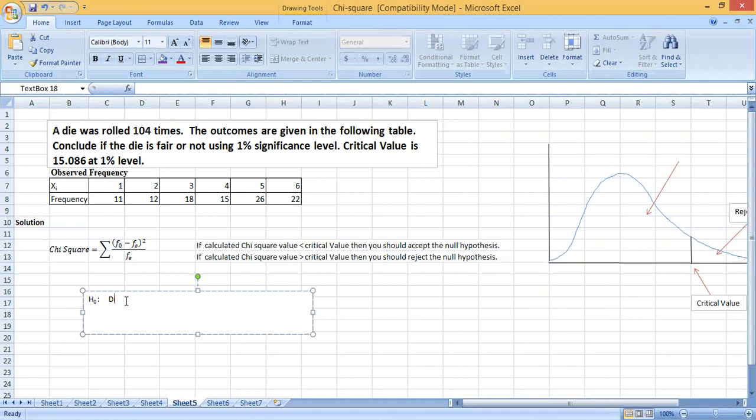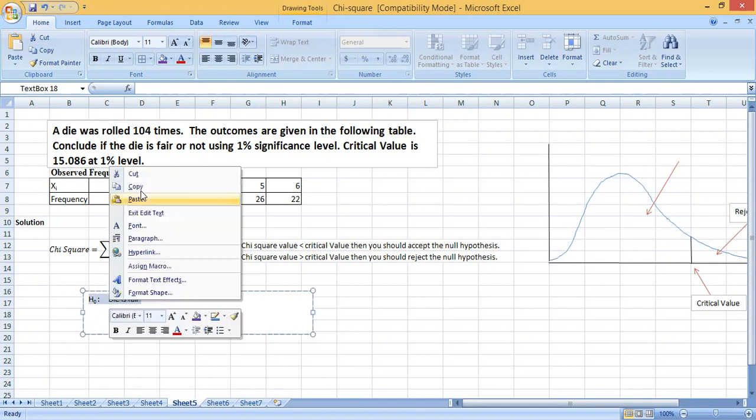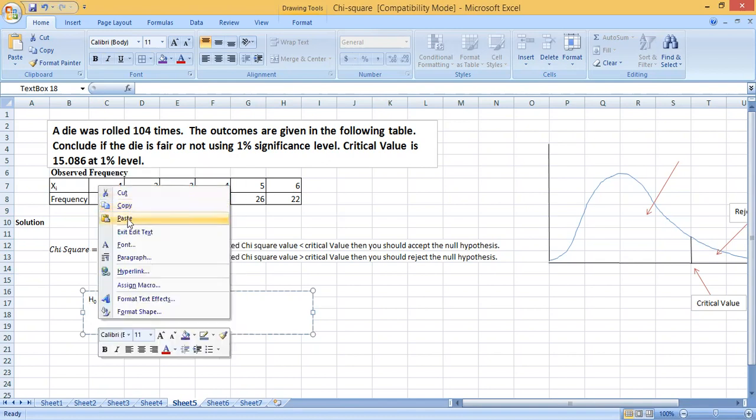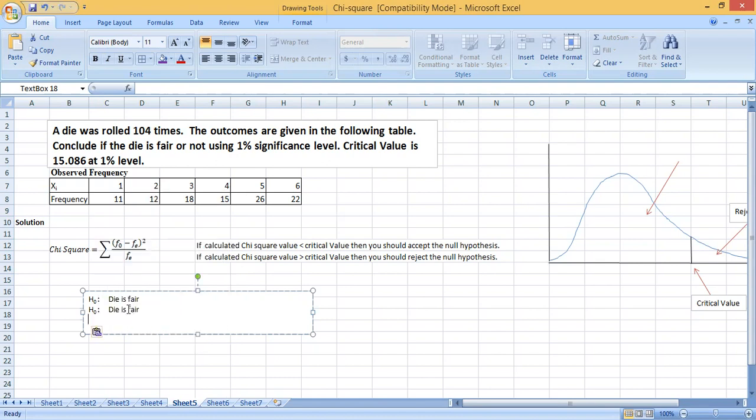The die is fair, that is the null hypothesis H0, and the alternative hypothesis is that the die is not fair. Okay, the die is unfair. This is the alternative hypothesis.